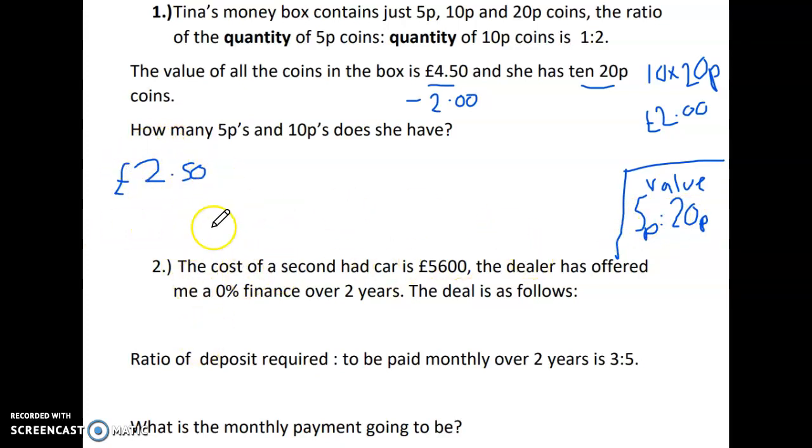So it's now become just a simple, I say simple, we're basically splitting that quantity in the ratio, can't spell ratio, of 5 to 20.